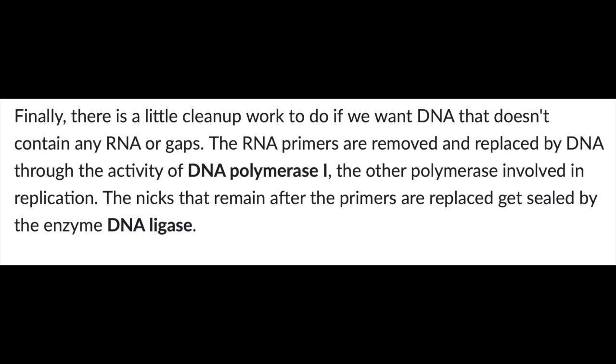Ligase can also be used to not only replace the gaps in the backbone between Okazaki fragments, but ligase will also replace the gaps in the backbone from removing the RNA nucleotides. So it is used on both the lagging and leading strands.